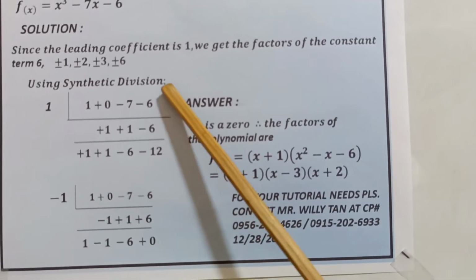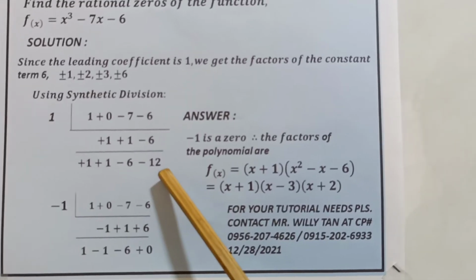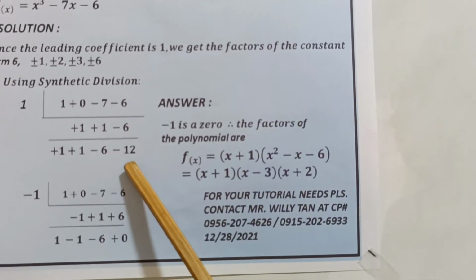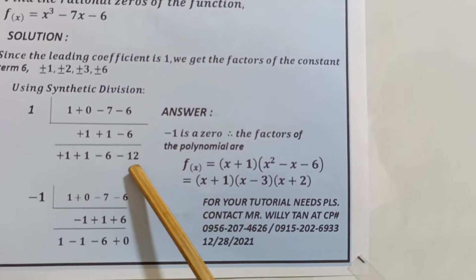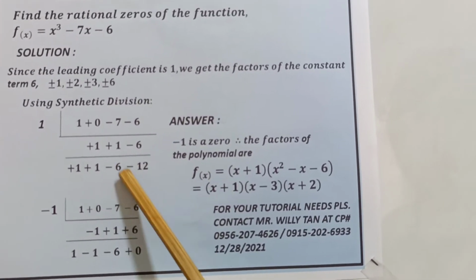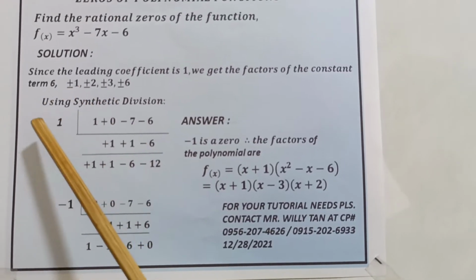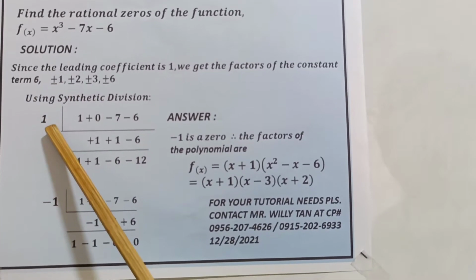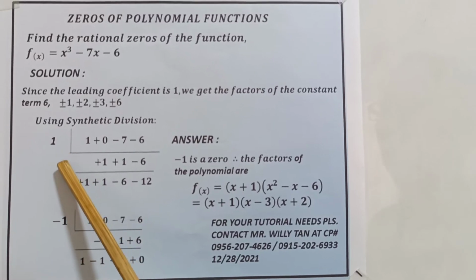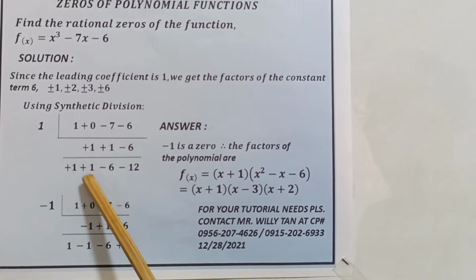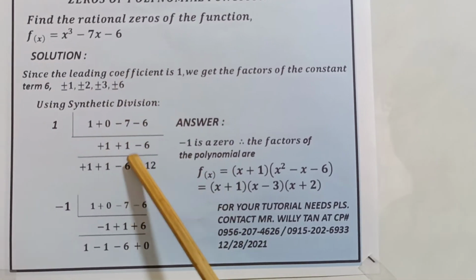When we reach the last term, the constant term, we can see that this is not 0. So positive 1 is not a root, or not a zero of the given function.